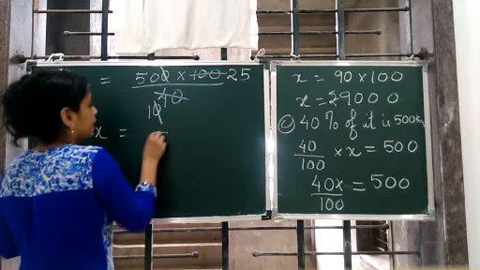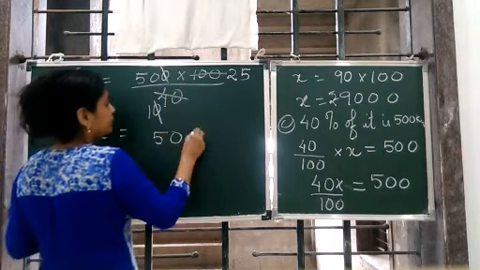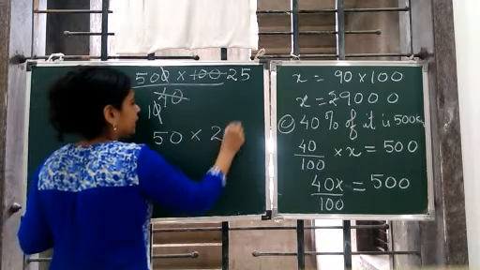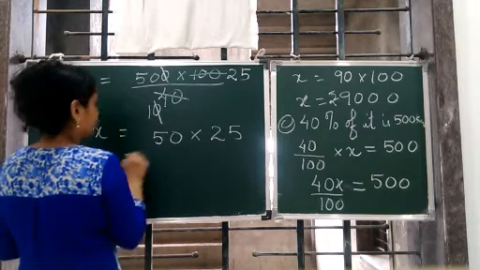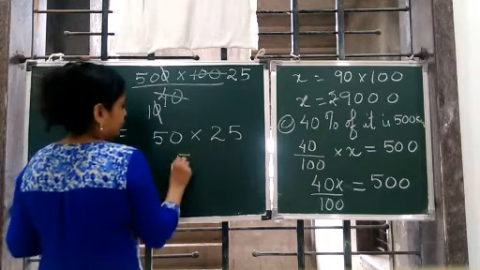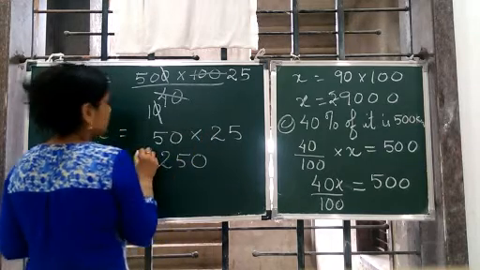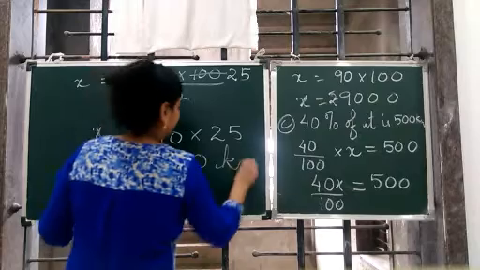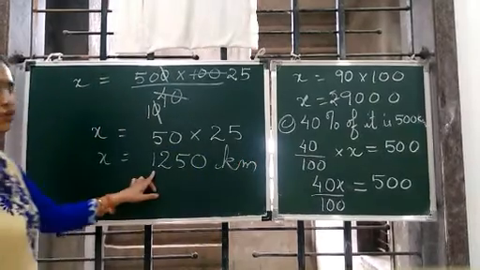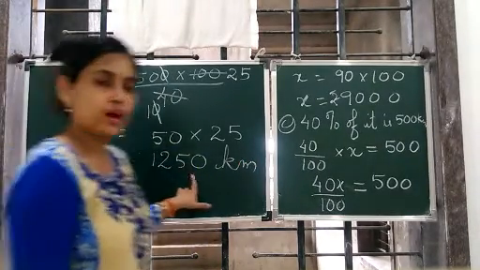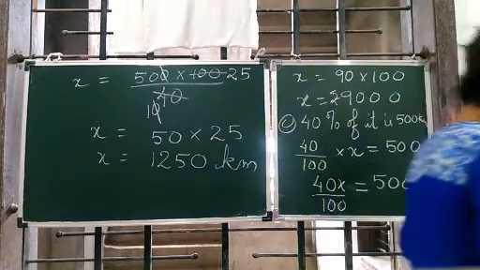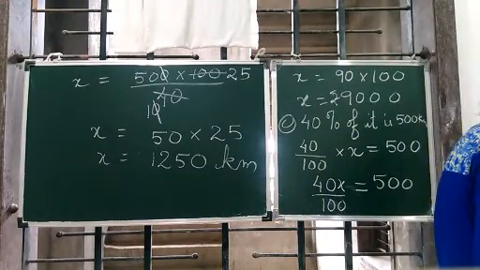So whatever is left, that we will write. 5 is left, 50 is left, sorry, and 25. So x is equal to 5 5s are 25, 5 2s are 10, 11, 12, and this 0. This is what? Kilometers. So the value of x is what? 1250 kilometers. This completes C.